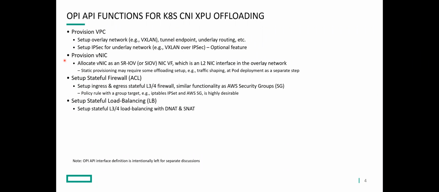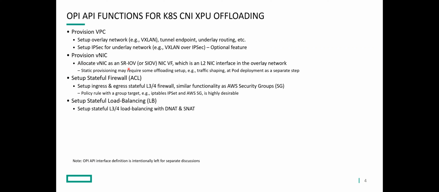So anyway, I agree. Dynamic provisioning needs to be an API that has to be in there, so that you can go in and say, I might have allocated 64 SR-IOV support, but I'm only going to set up 12 VNICs. Right. So this is why I didn't say it has to be static or dynamic.